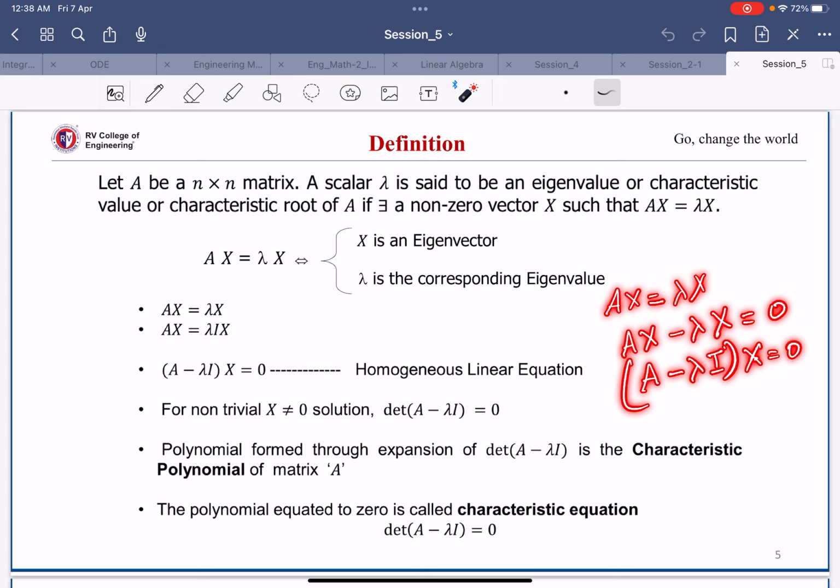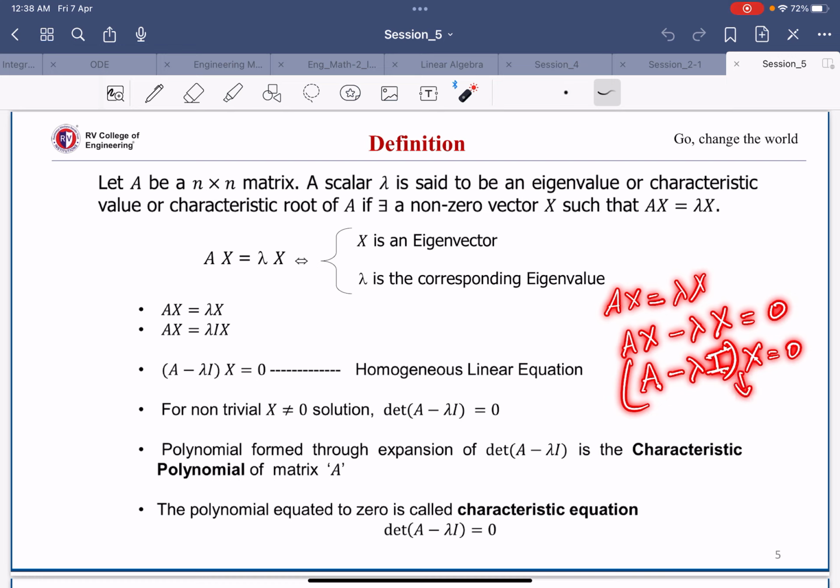Because A is a matrix, I can subtract only a matrix from a matrix, so I place the identity matrix I in the role of 1 here. So (A minus lambda I) times x is equal to 0.